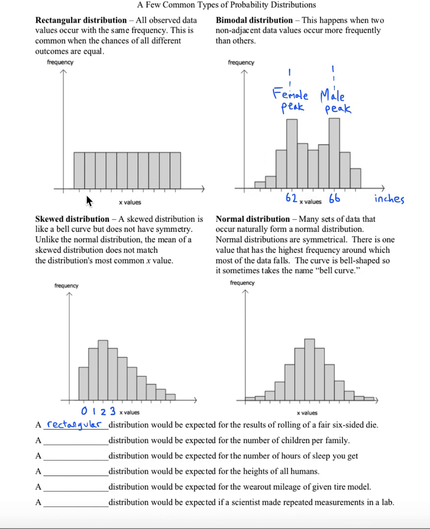If it was perhaps a 10-sided die, then the numbers could look something like that. And this would show that they all occurred with equal frequency.